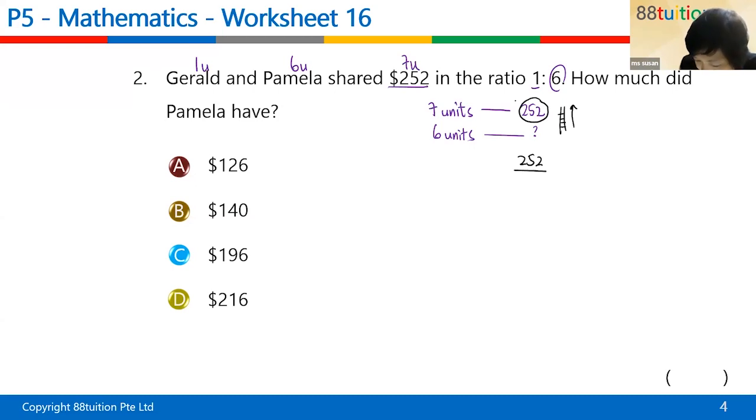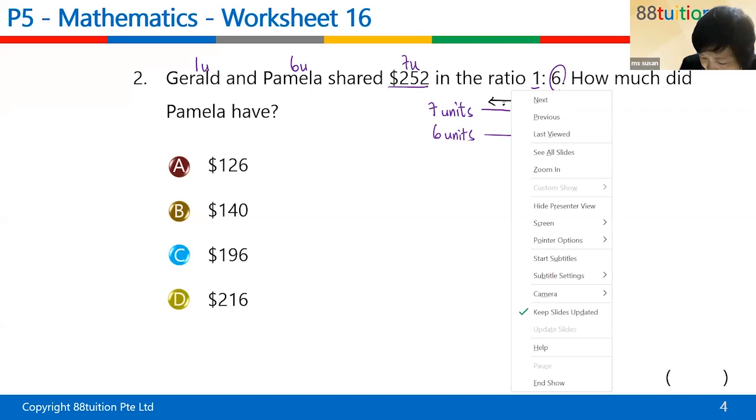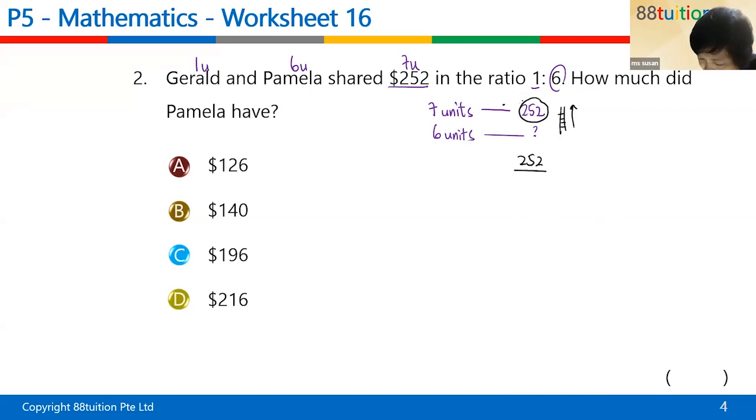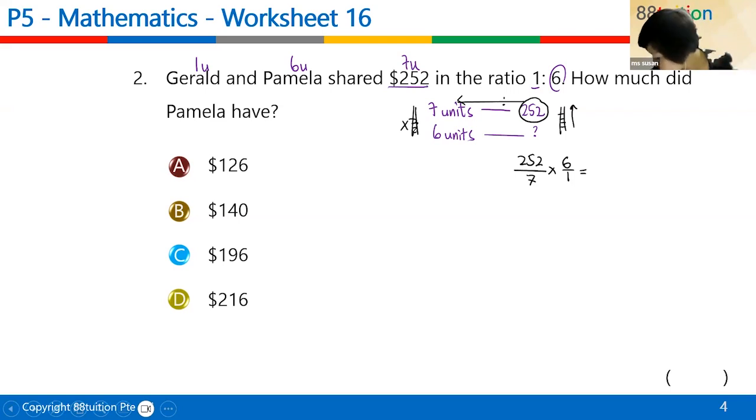Then you cross the overhead bridge, you must do division. I repeat, cross the bridge, divide by 7. Get down your escalator, the opposite, you multiply. Can you see?